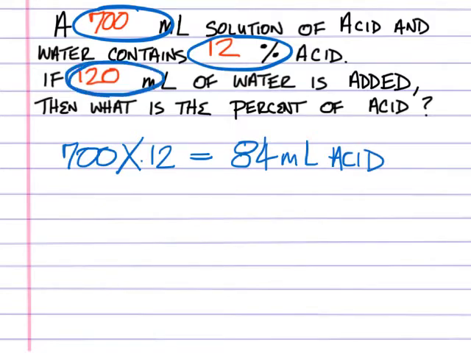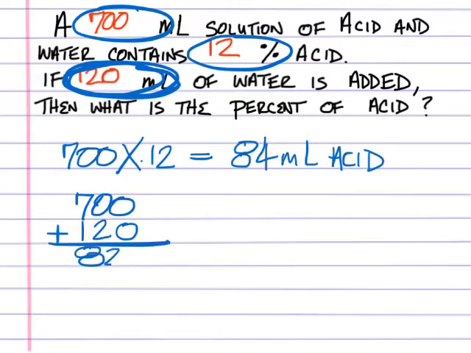But 120 milliliters is going to be added to the container. So you started with 700 milliliters of a solution of acid and water. You're adding 120 milliliters of water. That means 820 milliliters total is what is in the solution. However, we have to figure out what is the percent of acid.